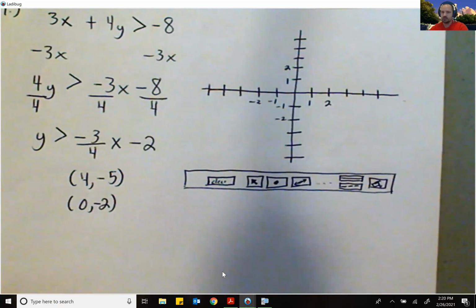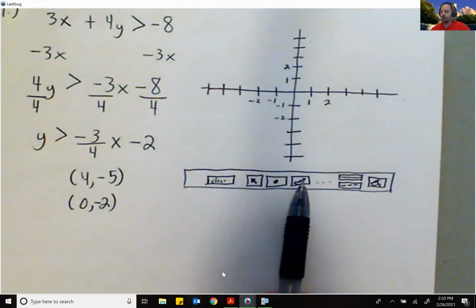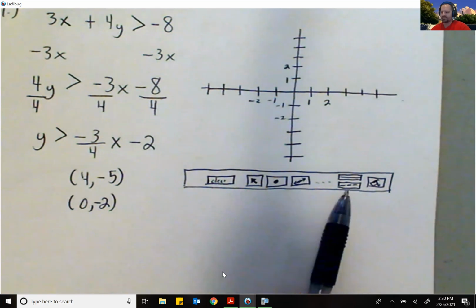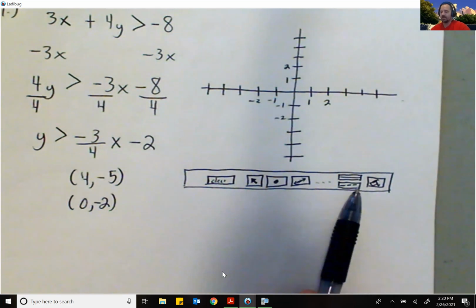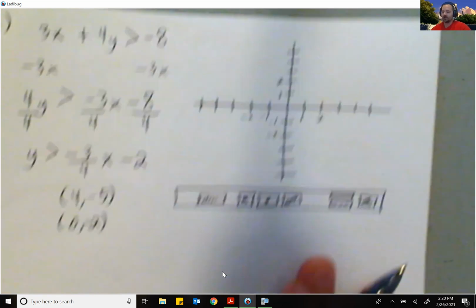Okay, it's a horrible paint bucket, but it's there. So when you're doing 11 and 12, you are going to be using the line tool. You're going to have to worry about whether it's solid or dotted, and you're going to have to worry about the paint bucket.